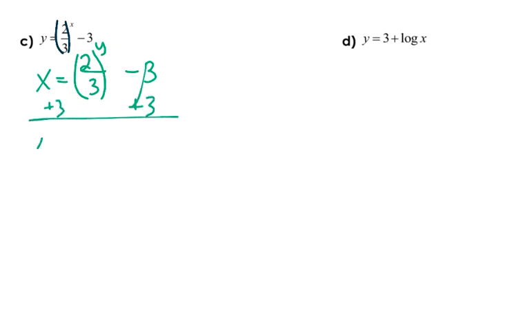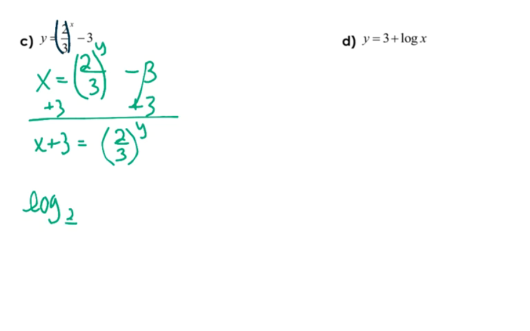So I've got x plus 3 is equal to 2/3, all of that to the y power. So I can't multiply both sides by 3. I'm stuck. I have a variable in the exponent, so I'm going to have to change this to log form. So log, the base is actually a fraction.